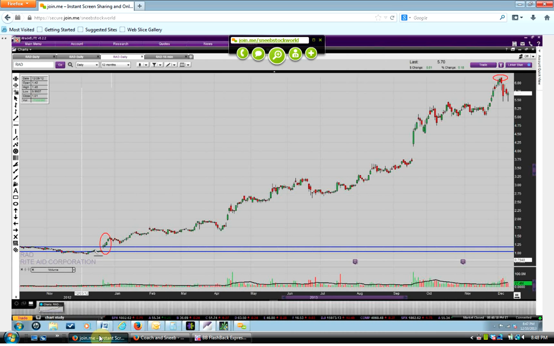Well, you see, when you get this type of thing, you got this gap up and it begins to pull back. And all of a sudden you get a couple green candles off of it. What are you thinking?